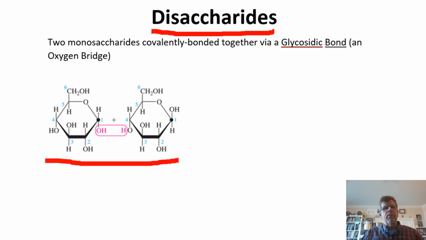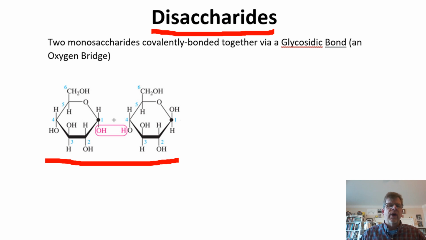So the way we're going to be viewing disaccharides, we start with 2 monosaccharides in the Haworth projection form. Always is the Haworth projection, where our anomeric carbons and oxygens are going to always be on the furthest carbon to the right, and we put them right next to each other.